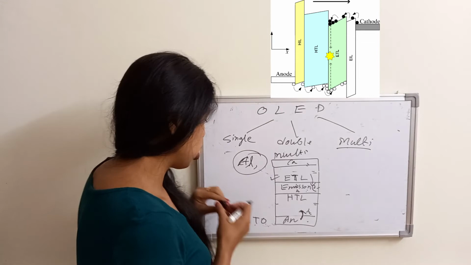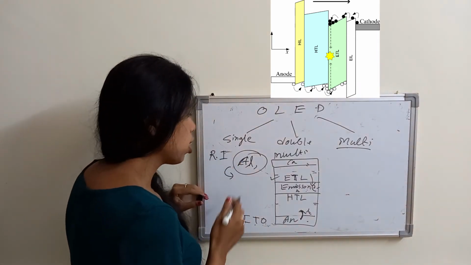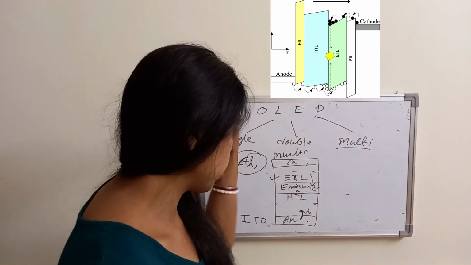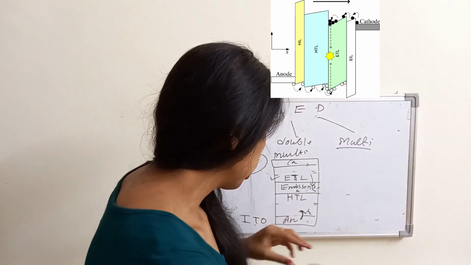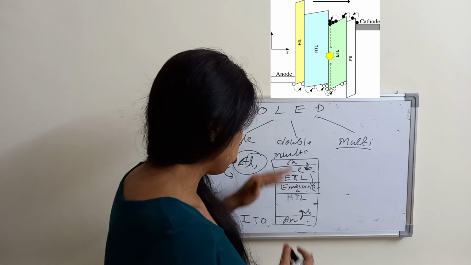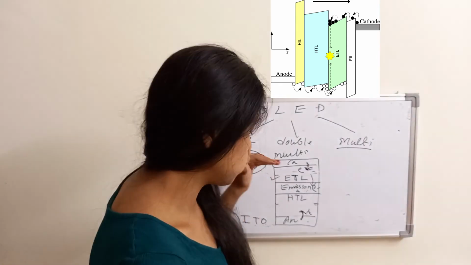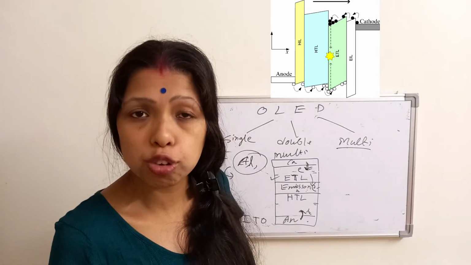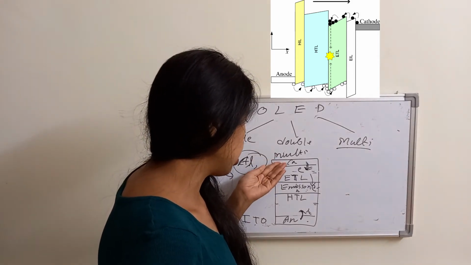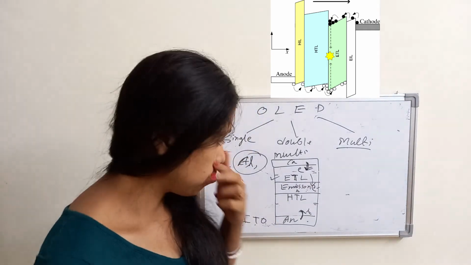It should also have a high reflective index, so no light will propagate outside of the device; it is reflected back into the device. If you use aluminum, this is low work function, and for efficient electron transport we have to use a low work function material, a metal as a cathode, that will give electrons to the device.